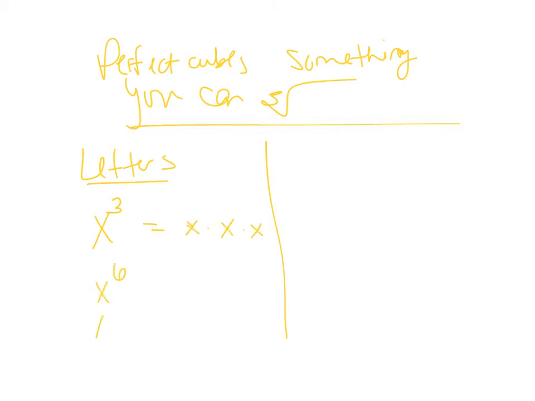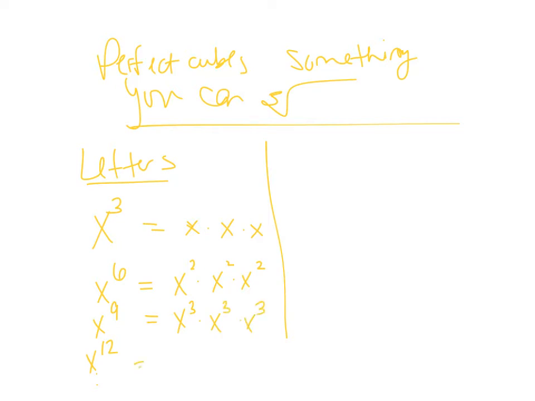X to the 6th, x to the 9th, x to the 12th. If you notice, the exponent is a factor of the 3 times table. It has to basically have an exponent that's divisible by 3 because you need to be able to break it up into 3 variables with the same exponents.